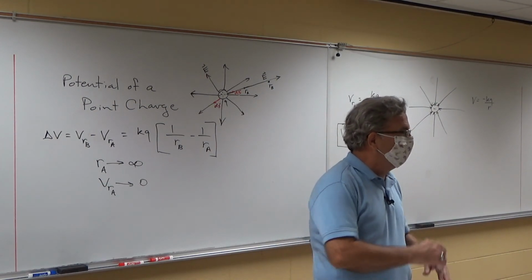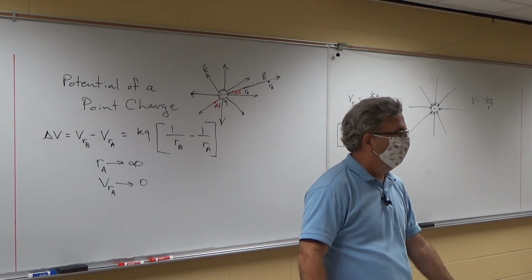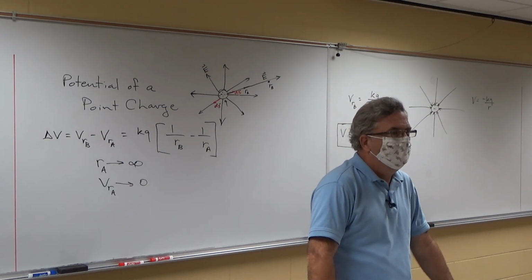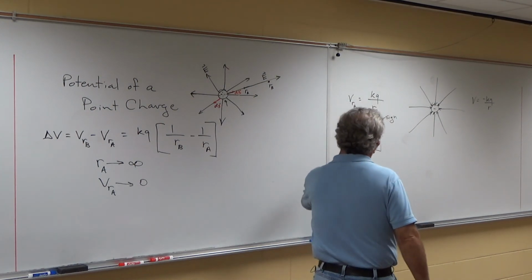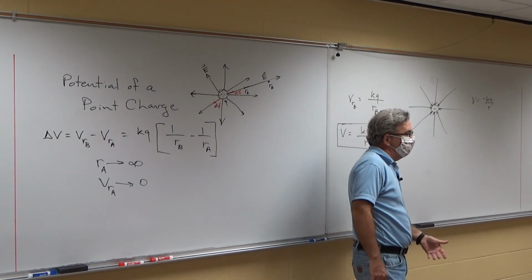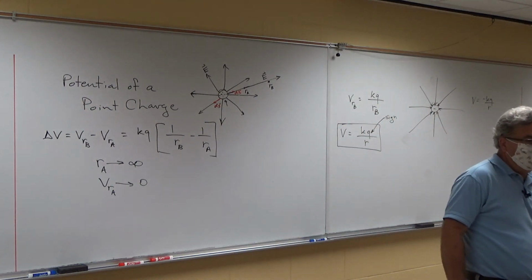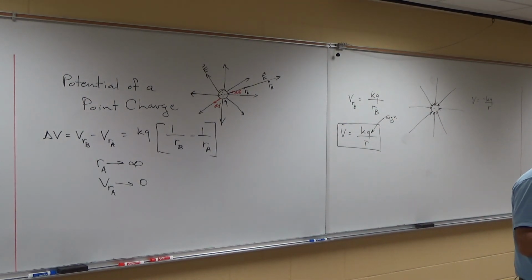And the nice thing is, no vectors. We just add them up. And then if we can get an expression for the potential due to a collection of charge or a continuous distribution of charges, it's very easy to calculate the electric field based on that potential. Okay, that's it.